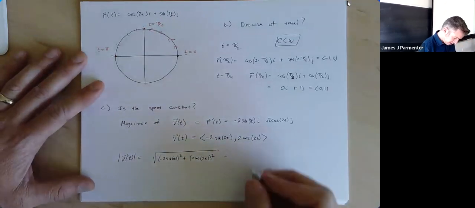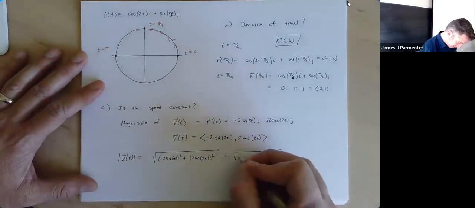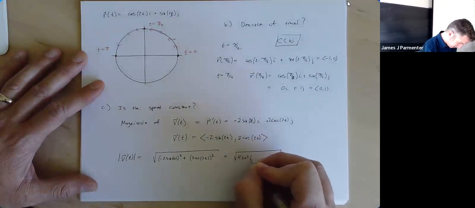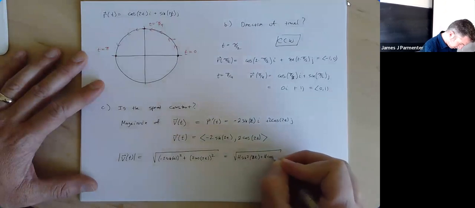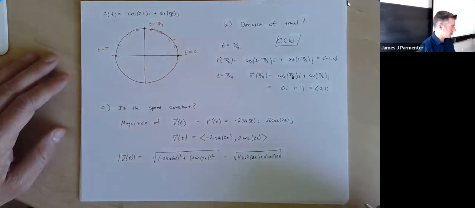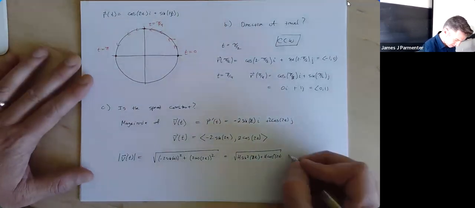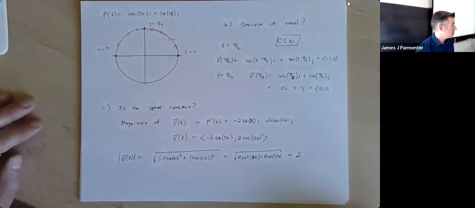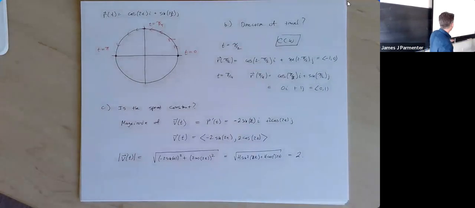That ends up being the square root of 4 sine squared of 2t plus 4 cosine squared of 2t, which is the square root of 4 times 1, which is the square root of 4, which is 2. So the answer is yes, the particle has a constant speed.